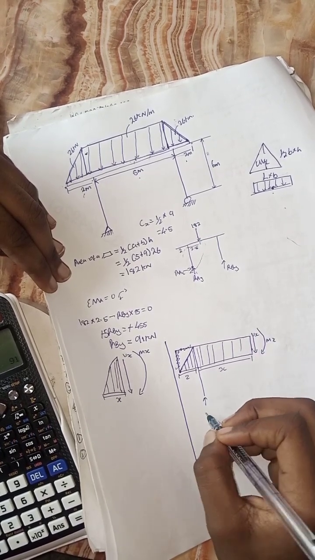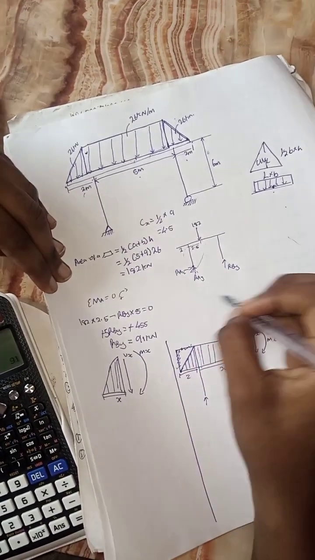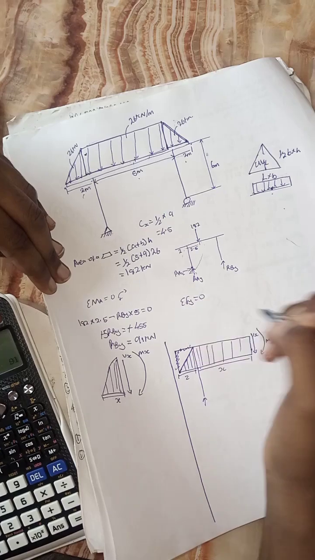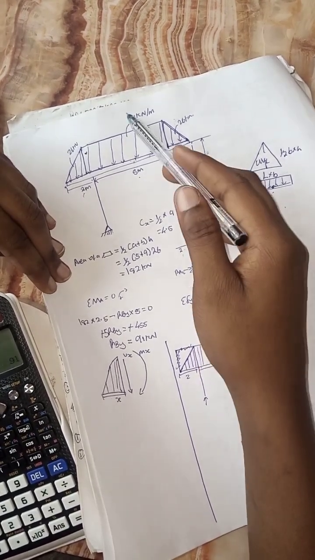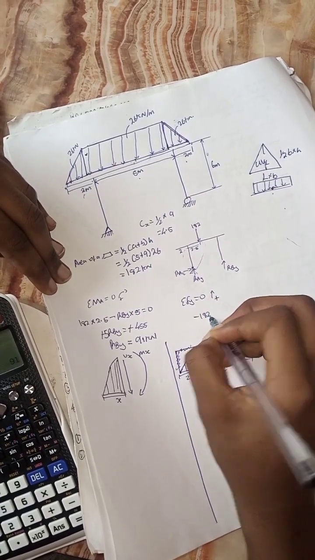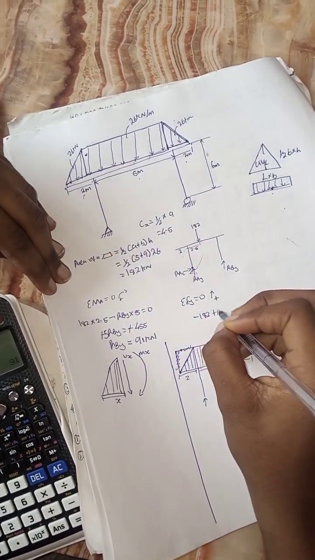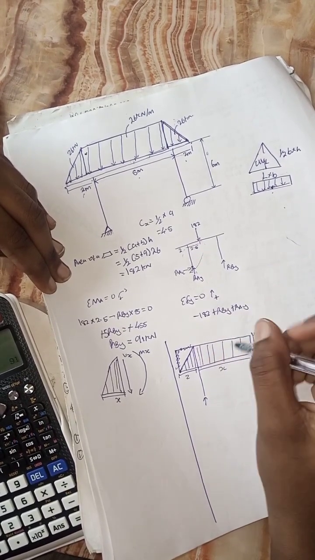We've not calculated RAY, so let's just do it up here. Summation Fy is equal to 0. Upward forces are positive. This one coming down, the total is 182, so minus 182. These two are going up, plus RBY plus RAY.